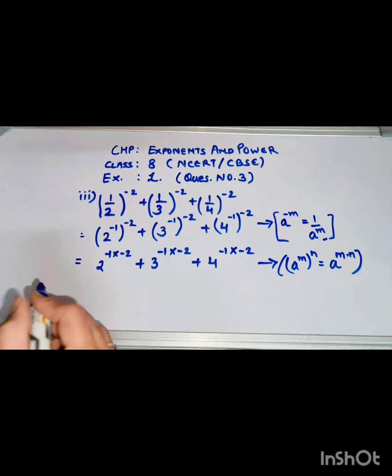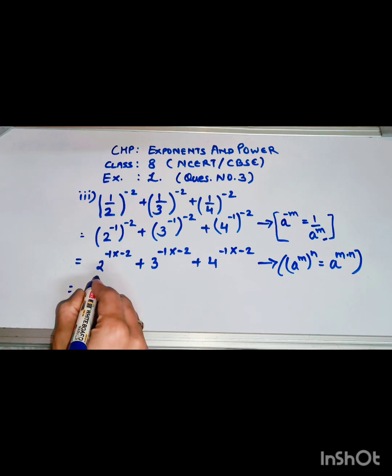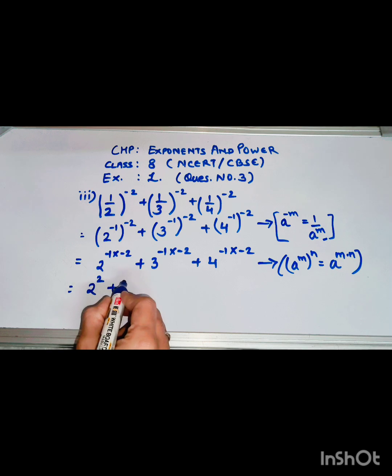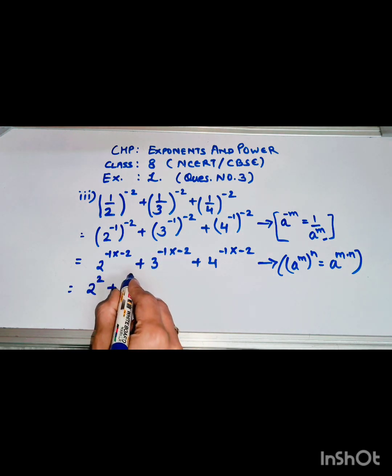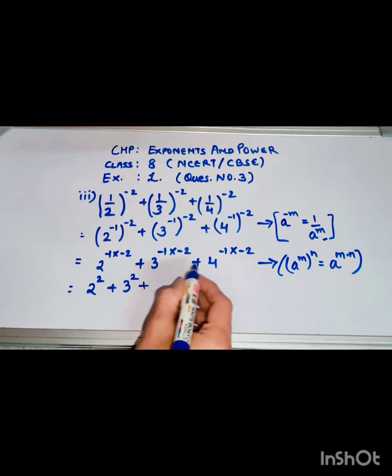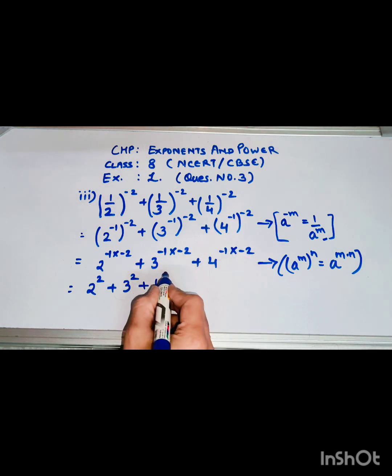Okay, so minus minus plus, so 2 raised to the power 2 plus minus minus plus 2 ones are 2, so 3 raised to the power 2 plus 4 minus minus plus, so 2 ones are 2.